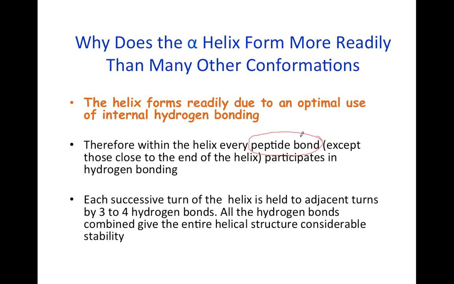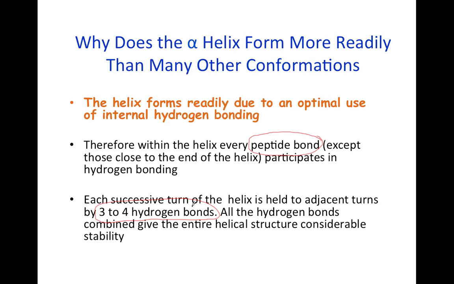Each successive turn of the helix is held to adjacent turns by 3 to 4 hydrogen bonds. All the hydrogen bonds combine to give the entire helical structure considerable stability.